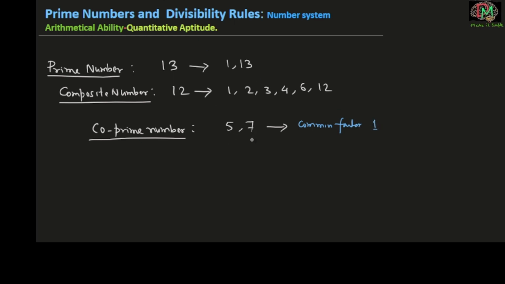Although 5 and 7 are prime numbers, if we take another example, that is 12 and 13, this is also a co-prime pair. Why? Because there is only a common factor 1.